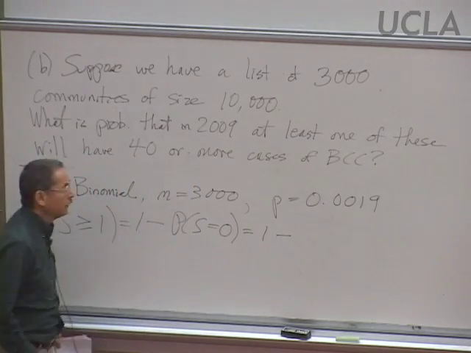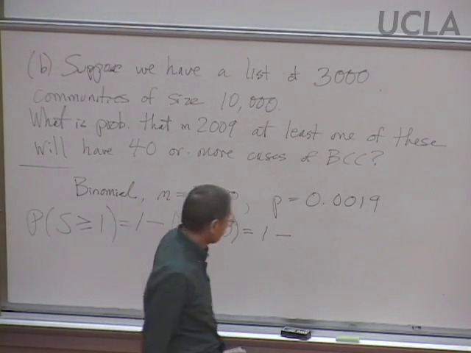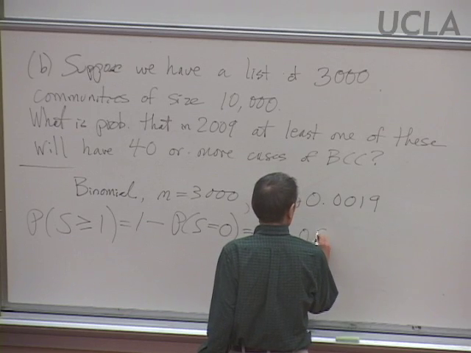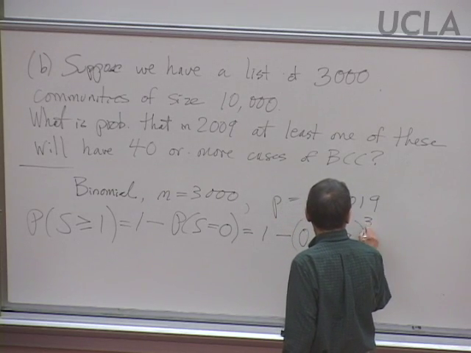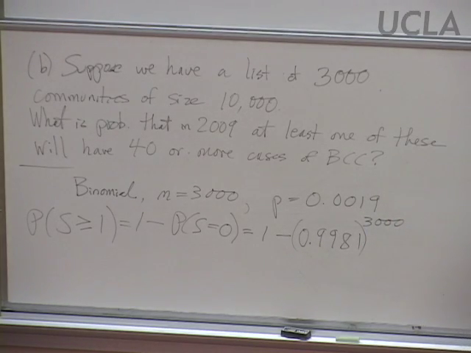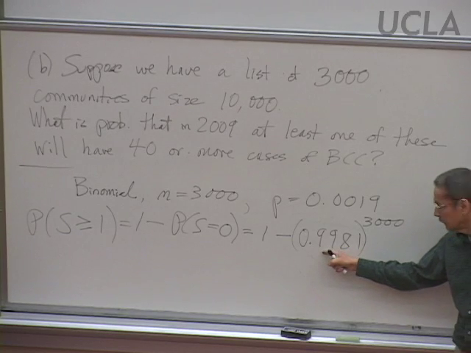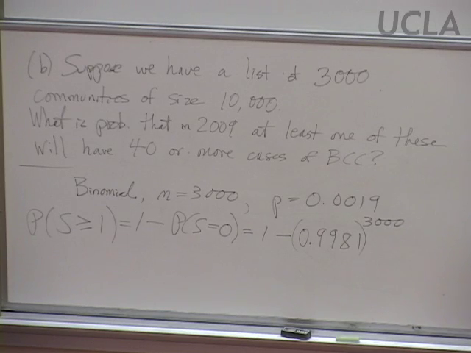The probability that all 3,000 communities escape having 40 or more cases. That's 1/5 of 1% less than 1. Yeah, but raised to the 3,000 power. So we have to ask our calculator what that is.